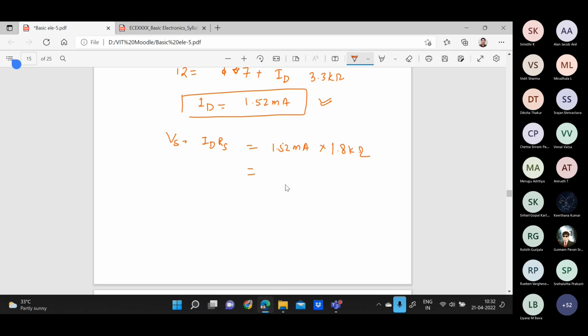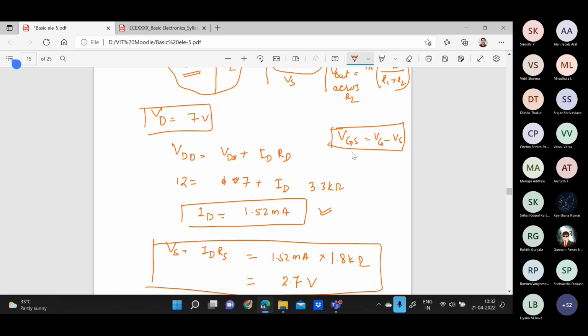So tell me the value of Vs. It is 2.7 volts. So now we have Vs, but we have to calculate the value of VGS. VGS is equal to VG minus Vs.